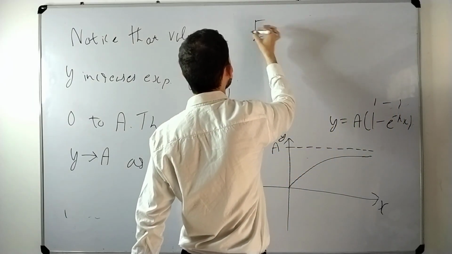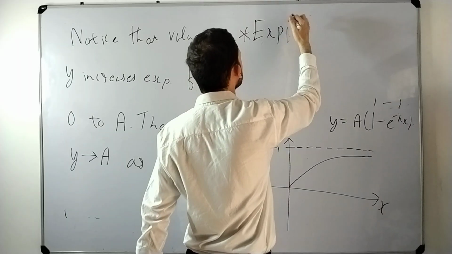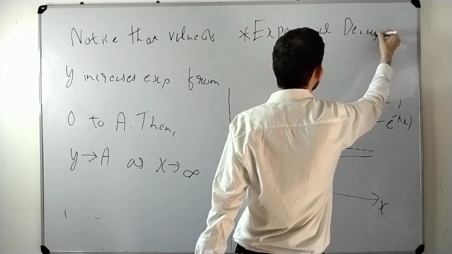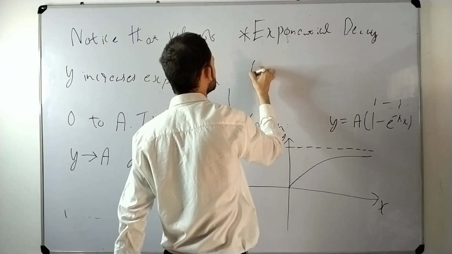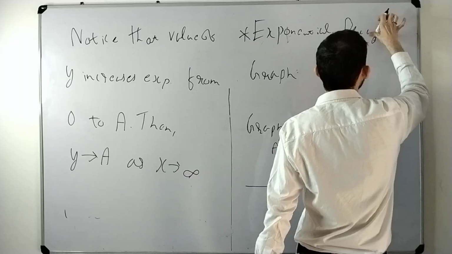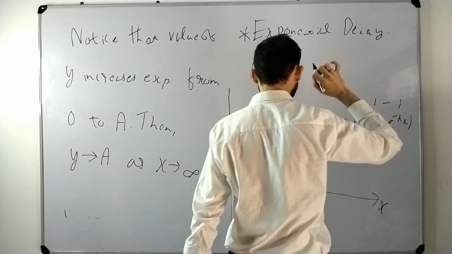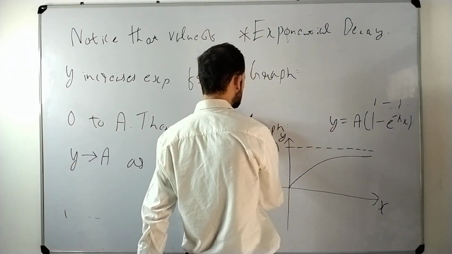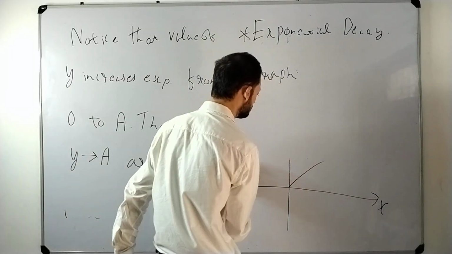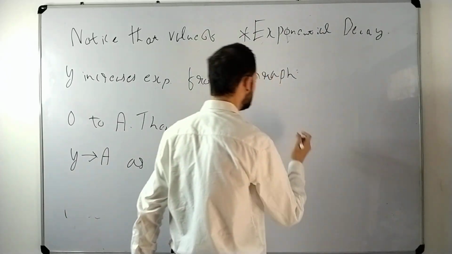Next, exponential decay graph. The graph of exponential decay would be just the opposite of exponential growth, right? So let's see what the graph looks like.